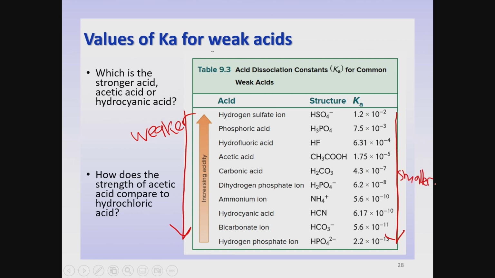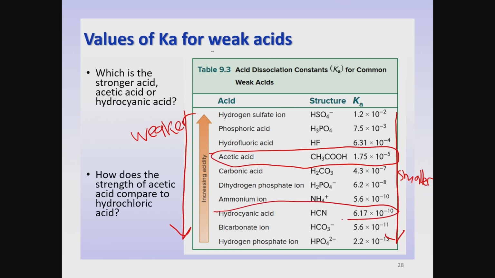So now what we can do is, let's try these questions here. It says, which is the stronger acid, acetic acid or hydrocyanic acid? So the way you figure that out is you look at the acetic acid and you see its value of Ka. And then you look at the value of hydrocyanic acid and you see its value of Ka. So we determined that as this number Ka gets smaller and smaller, the acid gets weaker and weaker.